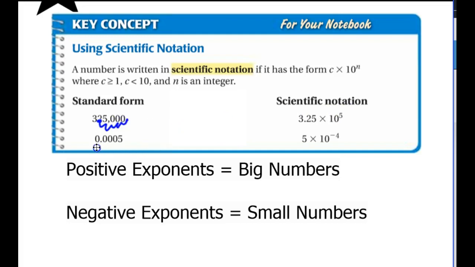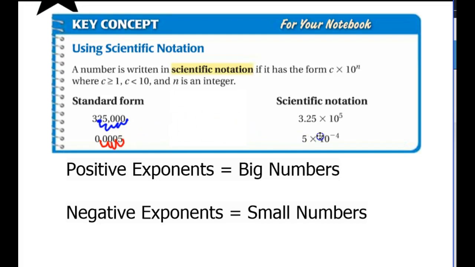Now when we have a smaller number like 0.0005, we're going to have a negative exponent. That's written as 5 times 10 to the negative 4th power. So just like we did with the last one, we take our decimal and move it over 1, 2, 3, 4 spots until we get right after our number.